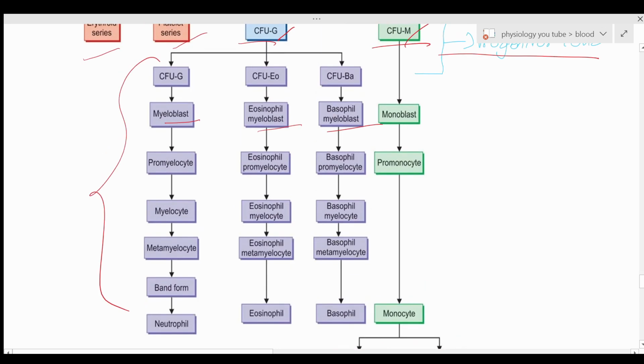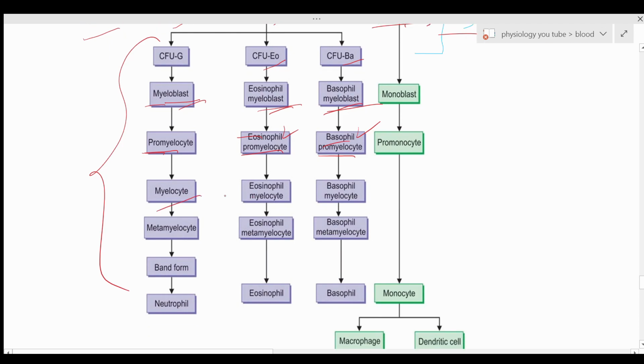You can correlate all these things very simply. Just watch. Everything started with blast here, that I already told, and here is promyelocyte. Only you need to add eosinophil, basophil. Here you can see EO means eosinophil and BA means basophils.